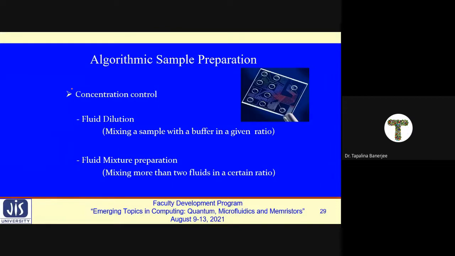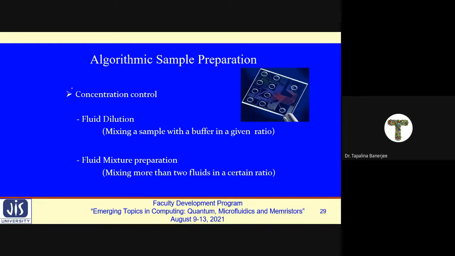Several sample preparation techniques are possible: continuous flow microfluidic biochip based algorithmic sample preparation, as well as algorithmic sample preparation with digital microfluidics. So, algorithmic sample preparation with LOCs requires determination of a sequence of mix-split operations to be performed on two or more fluidic reagents.